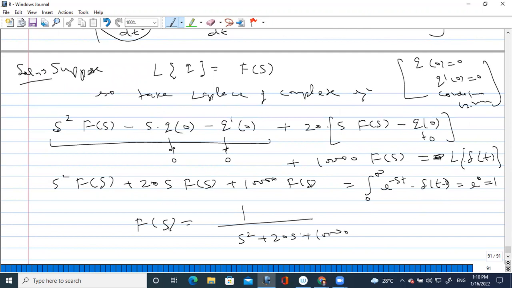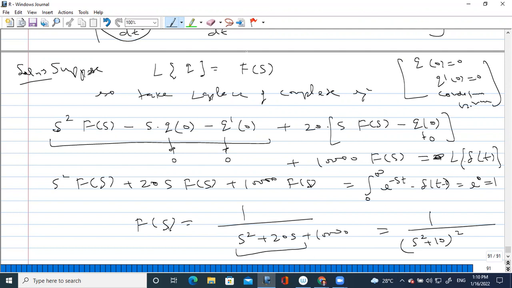Okay. So now I can solve this problem because with s square plus 20s, if I write 100, then it will become a square term, s plus 10 whole square, because I want to take the inverse. So fs I can convert to s plus 10 whole square.